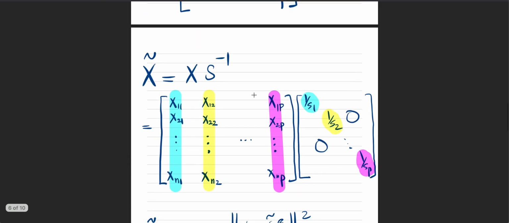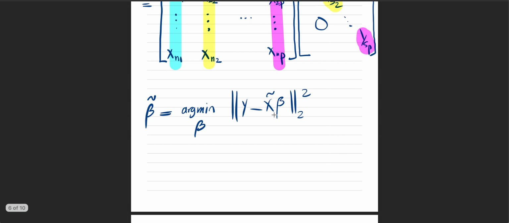Now, when we fit a regression model to the standardized predictors, we are solving this problem. We are finding the beta that minimizes the norm of Y minus X tilde beta.